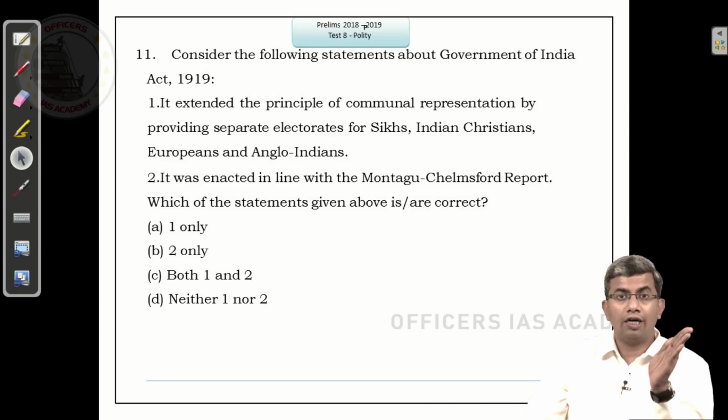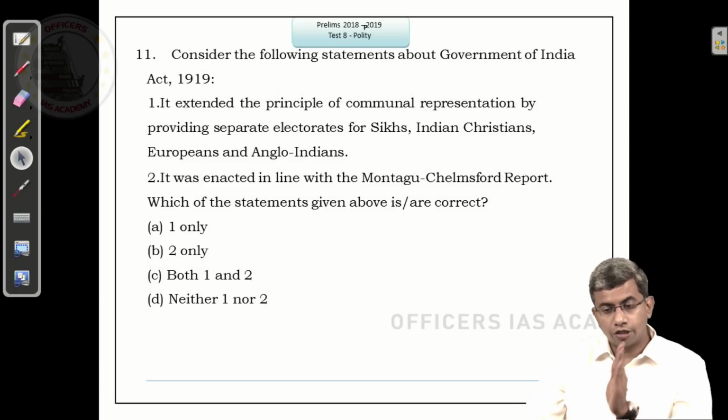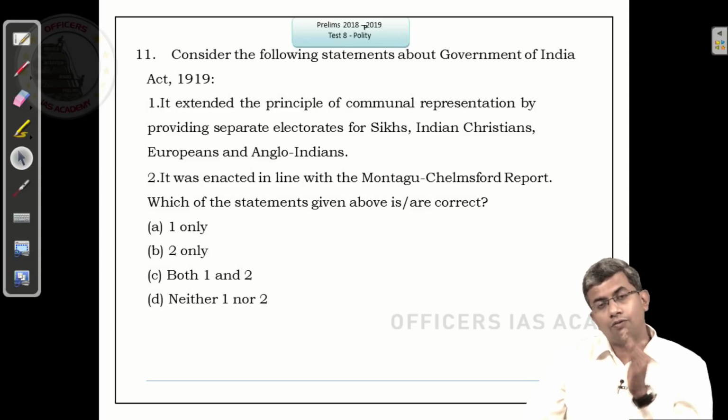So, in 1909, the communal representation was only for Muslims, but in the Government of India Act 1919, it was extended to Sikhs, Indian Christians, Europeans and also Anglo-Indians. Anglo-Indians means anyone who is of European descent and who has settled in India.